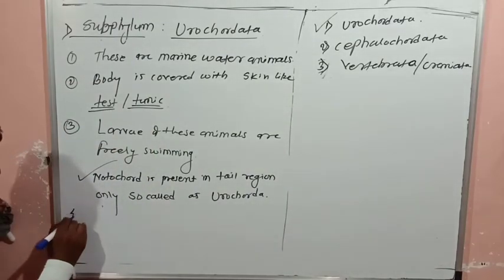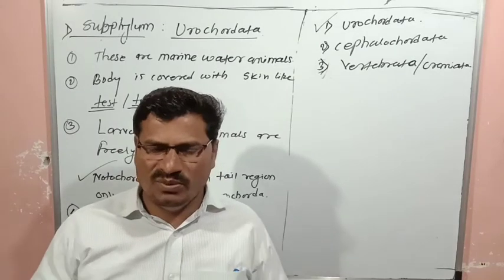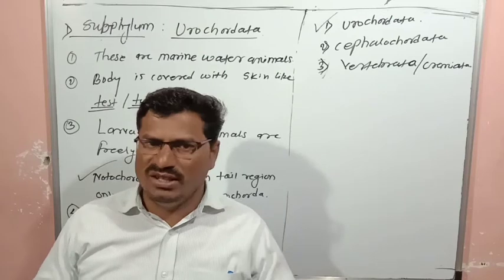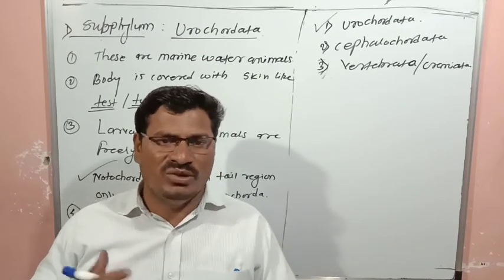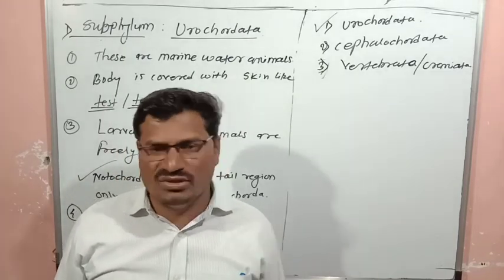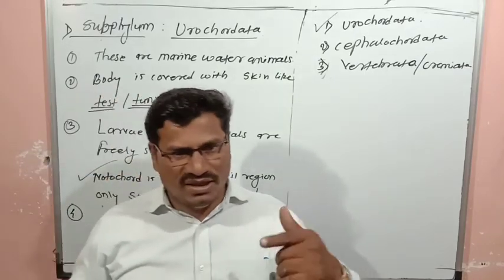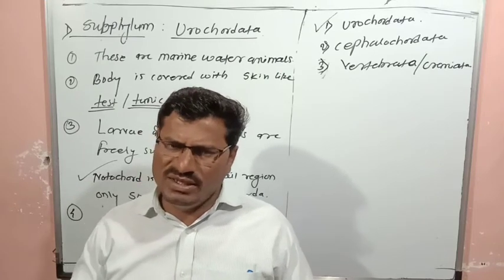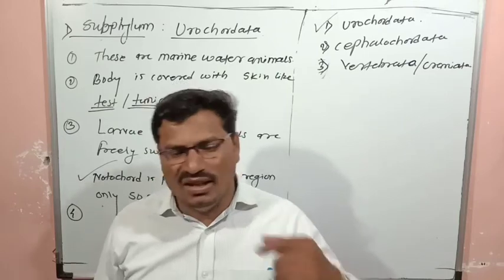And the fourth characteristic is that the larvae metamorphose. Metamorphosis means their young ones do not look like the adult ones, like the frog. Tadpole is there, and then after developmental stages it gets converted to adult. In insects and butterflies it is the same: egg, larva, pupa, adult. After many developmental stages, they achieve adult stage.